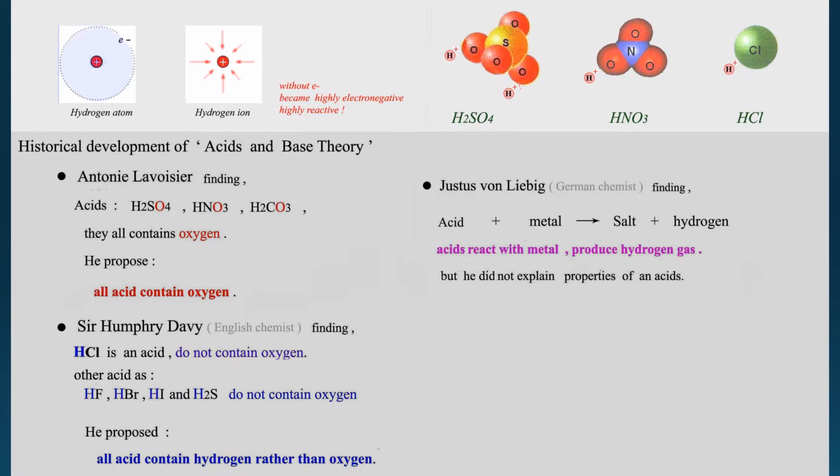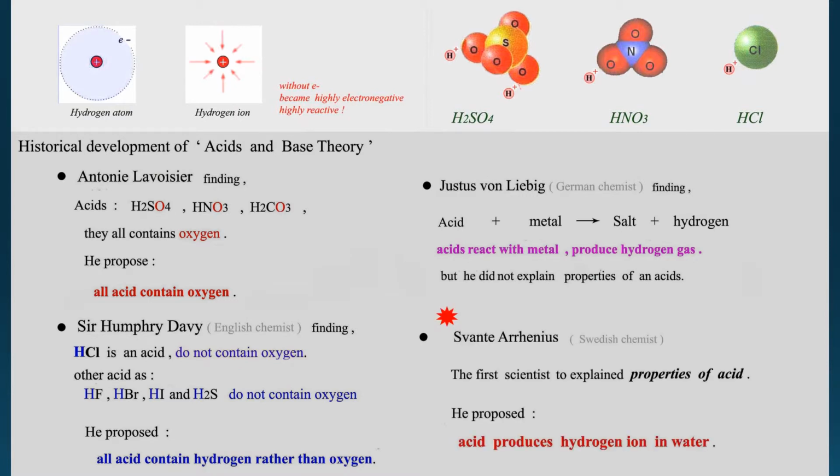Next scientist, Justus Liebig. He gave the famous equation: acid plus metal forms salt and hydrogen gas. But he did not explain the acid property, why acid has this property. Then you come to Arrhenius.